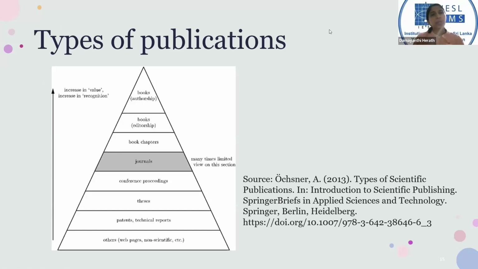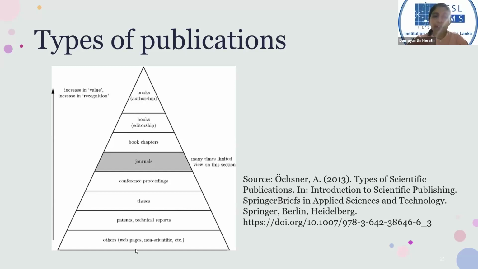If you are someone who generally reads research papers, you would already be familiar with most of these publication types. When we go up in this pyramid, the value increases, and I agree with the interpretation shown in this publication. Of course, it's published, which means it has been accepted.